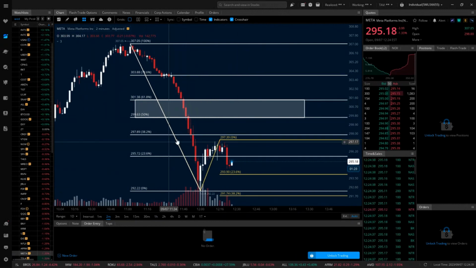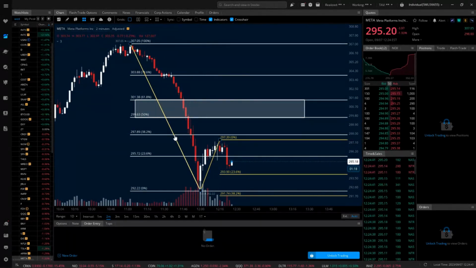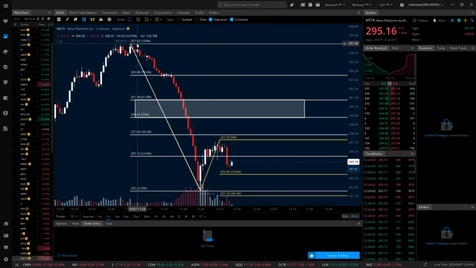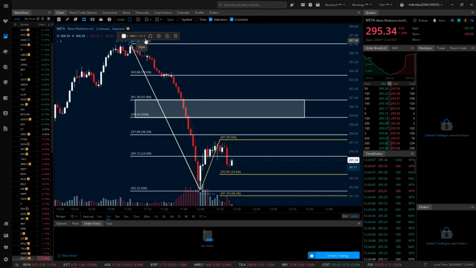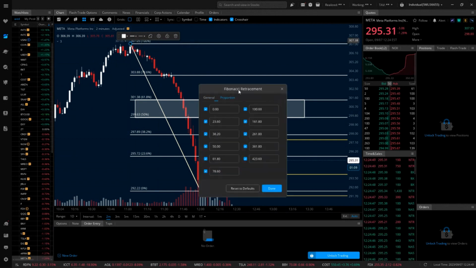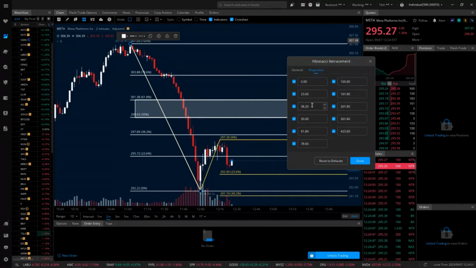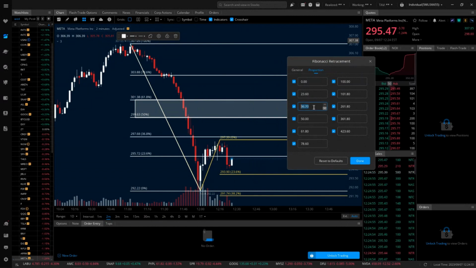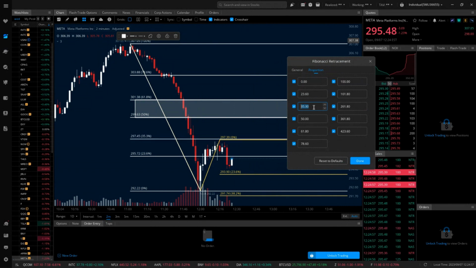So at this point, we've got a retrace, and the funnest part about this is you can actually take your proportions here and move the line down. In this case, it's a 38.2, so I can just move this down to that 297.39, again assuming this is the top.